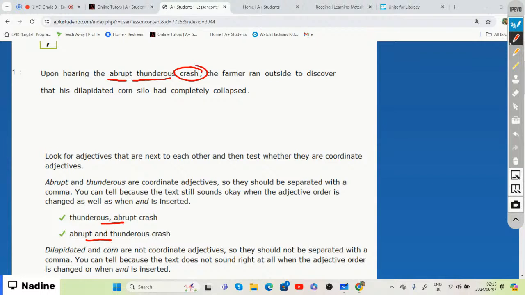All right. So we're now going to look at another example, another sentence where we are going to see if the adjectives within that sentence are coordinate adjectives or not, based on if we were to add a comma between them or if we were to add the word "and."